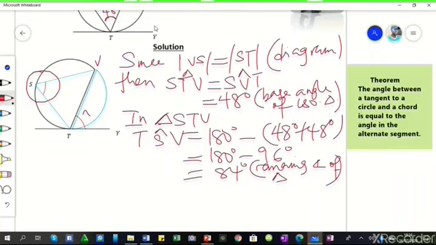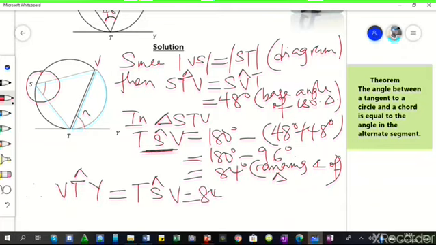So I can say, therefore, the required angle VTY equals that angle whose size we just found, TSV, which equals 84 degrees.